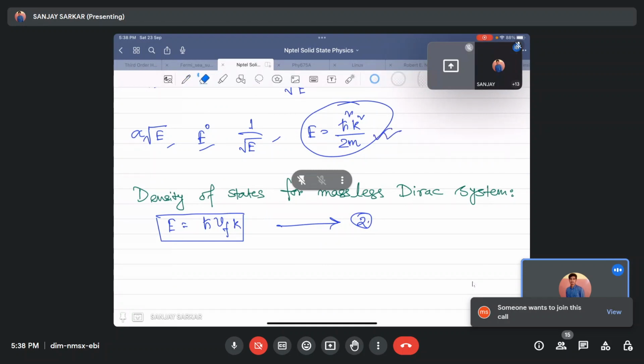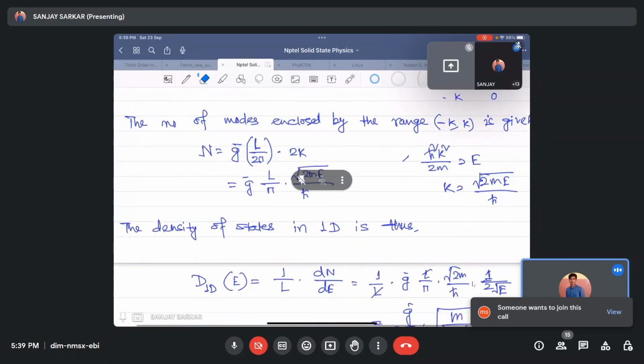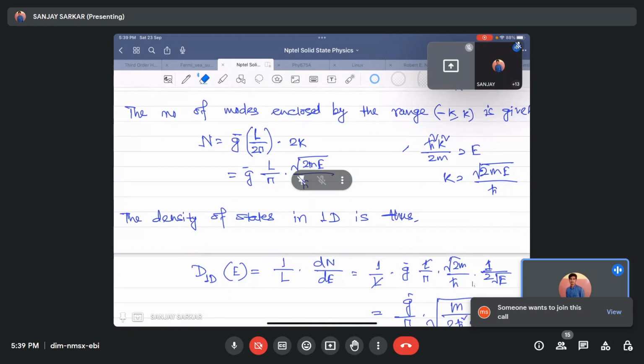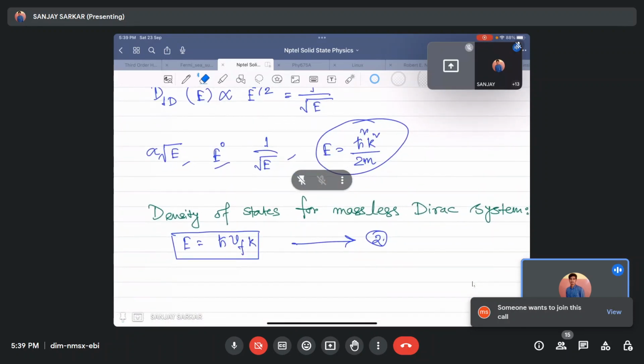Can you calculate the density of states for 1D, 2D and 3D and see how the density of states depends on the energy? Everything will be the same, just that where we replaced k as root over 2mE by h bar, now you need to replace k as E by h bar Vf. So please calculate this density of states and let me know the answer.